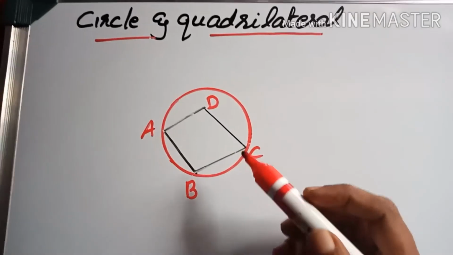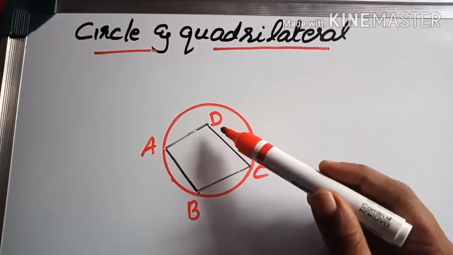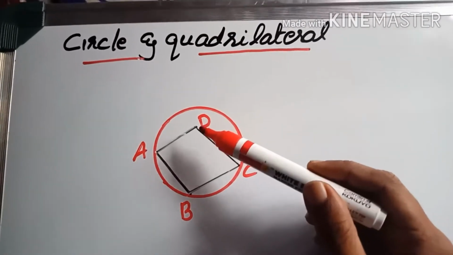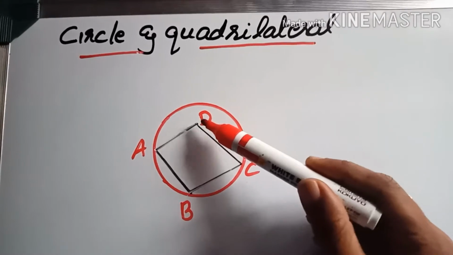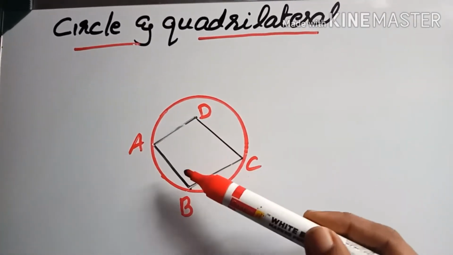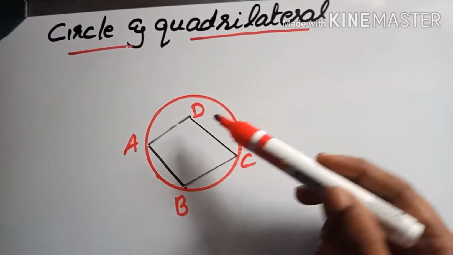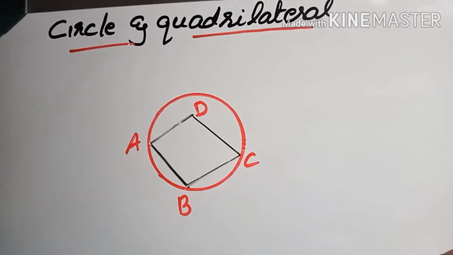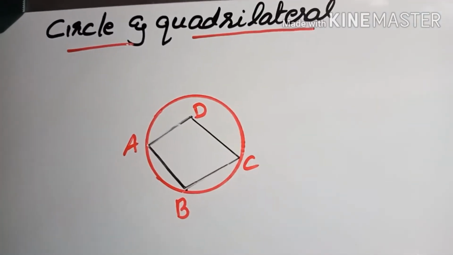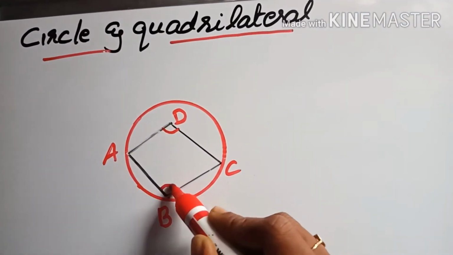Okay, if one vertex of the quadrilateral is inside the circle, then the angle made at that vertex and the opposite angle, these two angles sum will be greater than 180 degree, because we know angle inside the circle is what? Obtuse angle. So sum of these two will be greater than 180 degree. So here angle D and angle B.